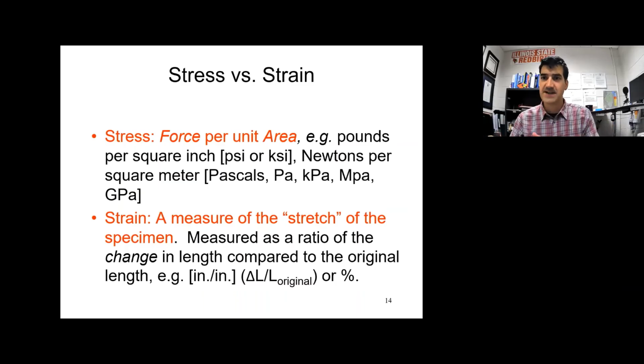All right, switching back to units for stress. Stress is force divided by area. There's basically two ways to measure force. You can measure in freedom units, imperial English units, or you can measure in metric units. We need to be comfortable in both because we live in the United States.